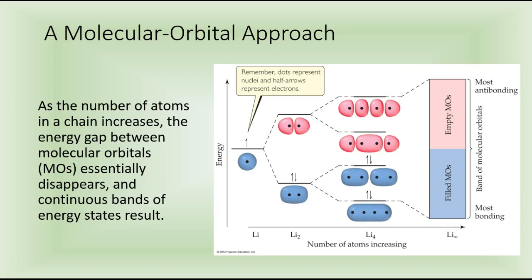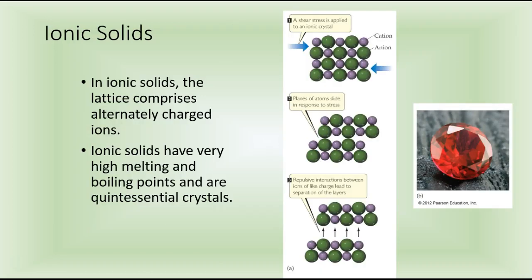And, as we have a large number of metal atoms in the structure, there becomes a continuous band. So the orbitals are over this range of energies throughout the structure. So again, you can read a little bit about that in the book, but molecular orbital theory is a little bit beyond the scope of what we need to do in here.